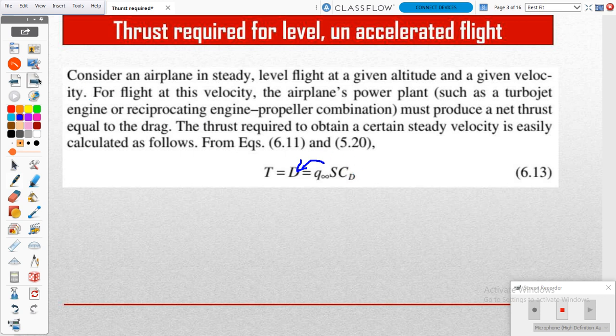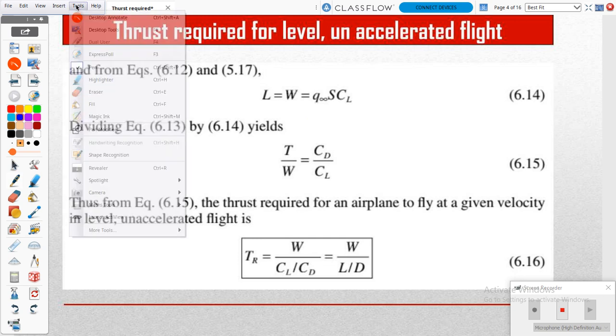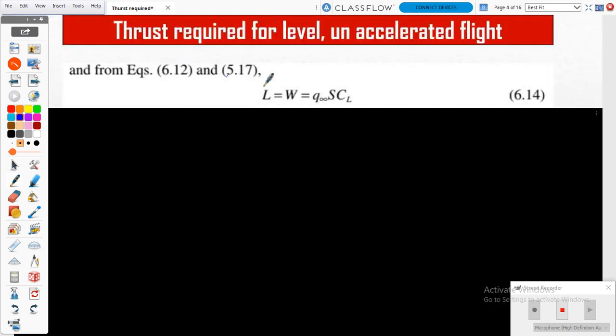Next we apply the same thing for the lift. We already calculated for the thrust. Next we focus on lift equal to W. Weight also we have a formula, it depends on the coefficient of lift, so q-infinity S into CL. So this is the next step.